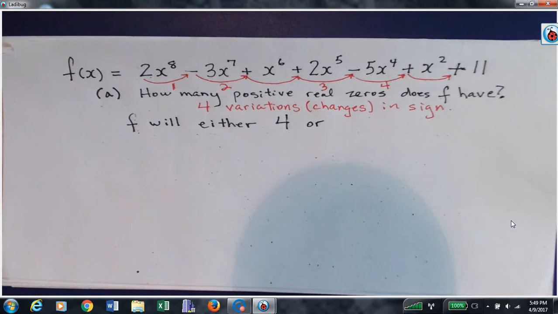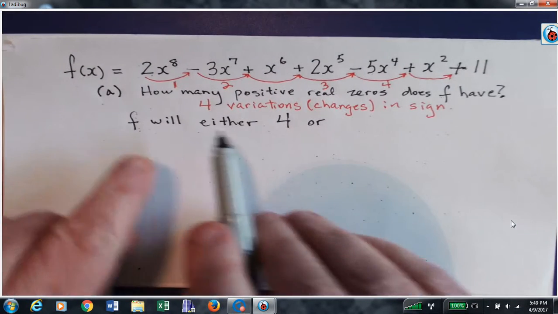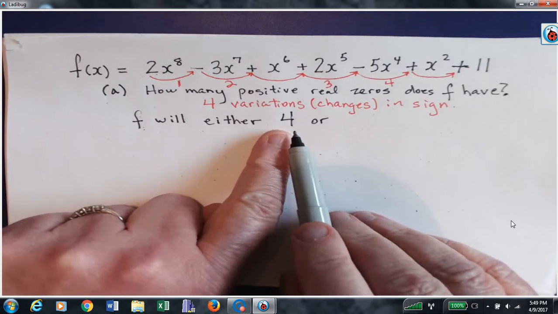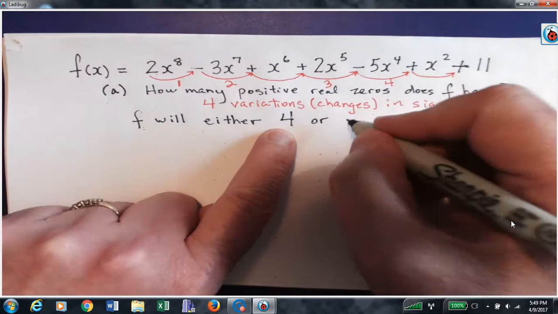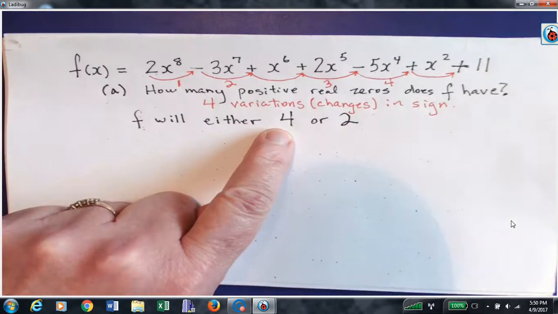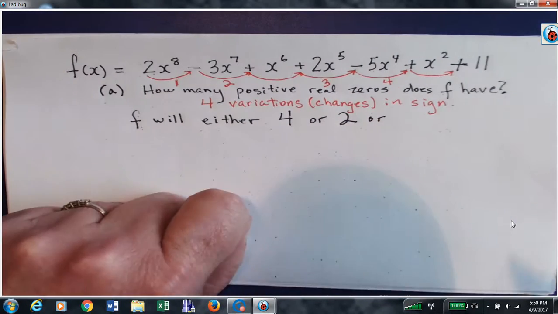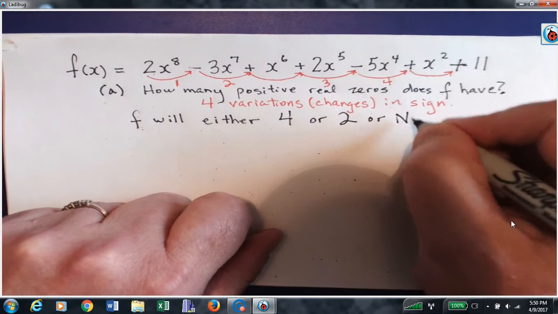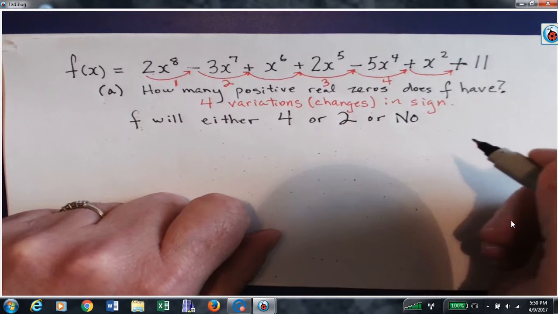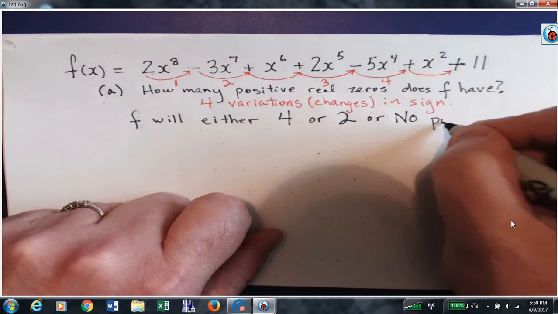You keep subtracting 2 from the number of changes in sign. So f will either have 4 positive real zeros, or 4 minus 2 is 2 positive real zeros, or it won't have any because 2 minus 2 is 0. So f will either have 4 or 2 or no positive real zeros.